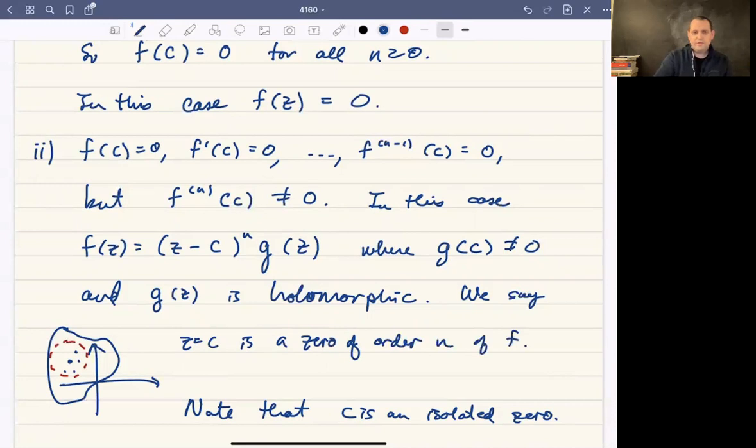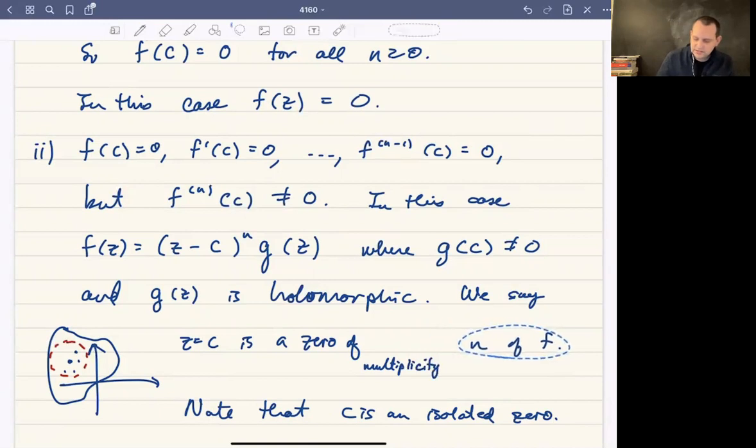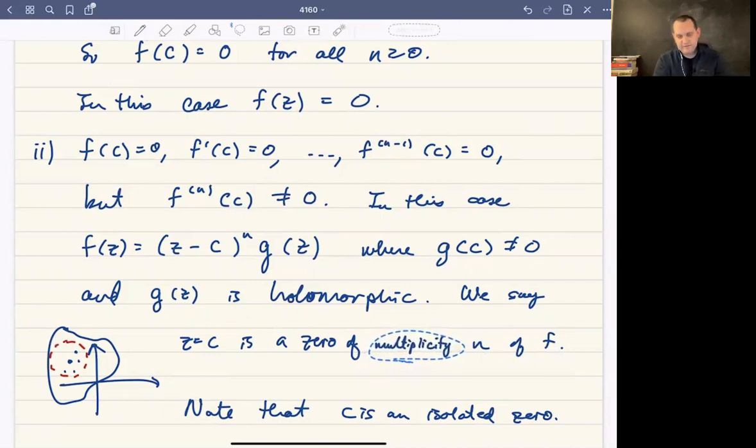Okay, so it's a 0 of f, and that 0 has multiplicity n. Multiplicity just means how many times it's a 0. In other words, that's how many times you can factor out a z minus c from f.